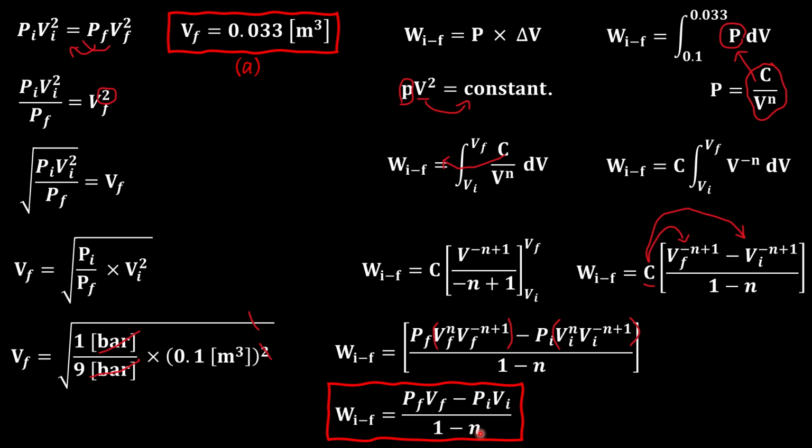So for other or future problems, instead of going through the integration for every polytropic index, this will be our general work equation. But for polytropic index number 1, it doesn't work.